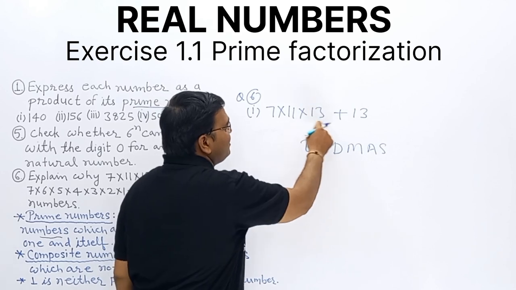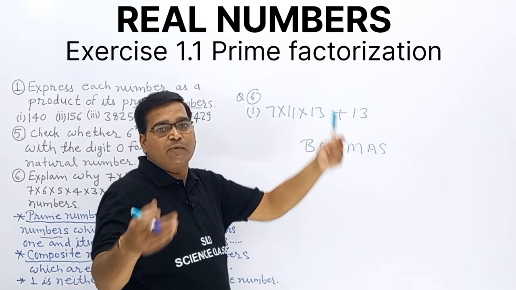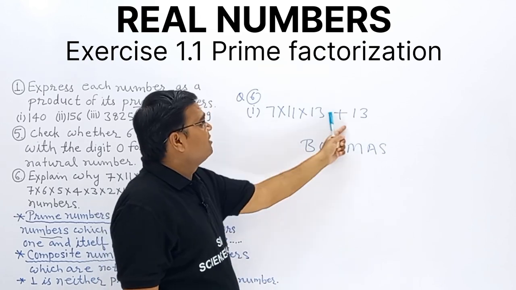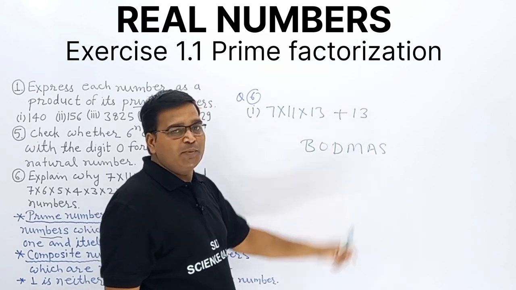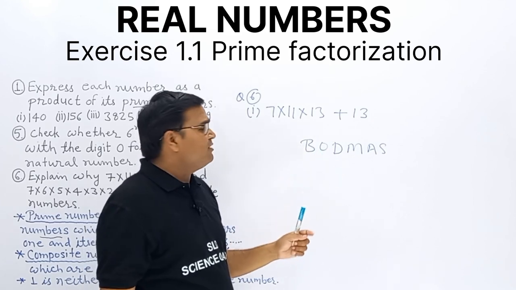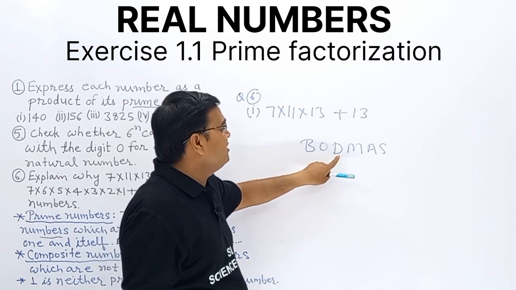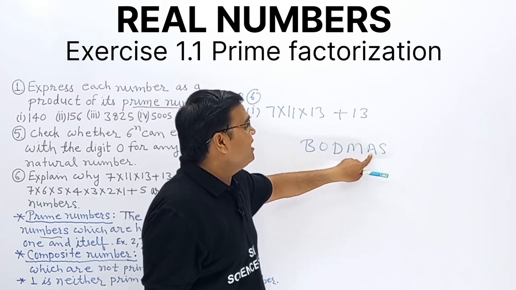We cannot directly do the addition first. If we do the addition first, our answer will be wrong. In questions with different signs, like product, division, addition, subtraction and bracket, we solve using BODMAS: bracket, then of, then division, then multiplication, then addition and subtraction.